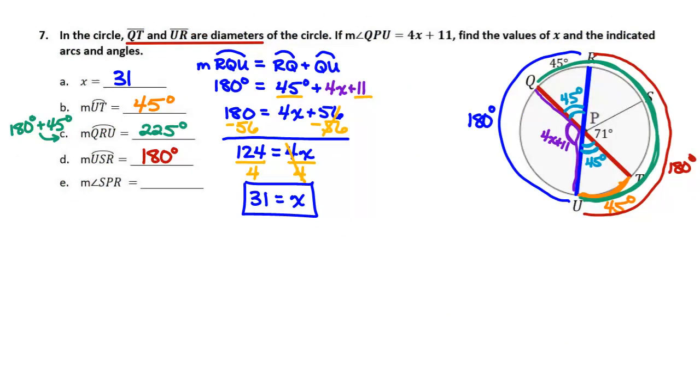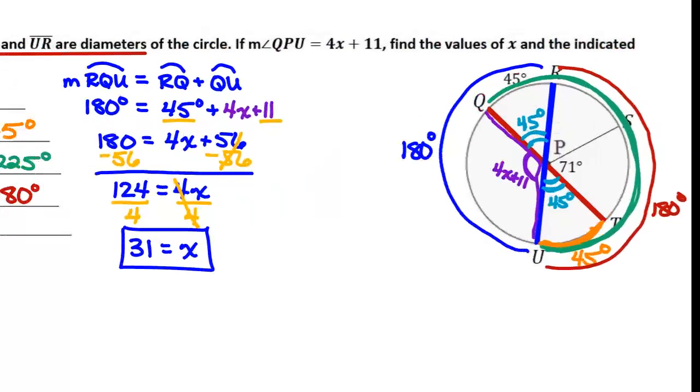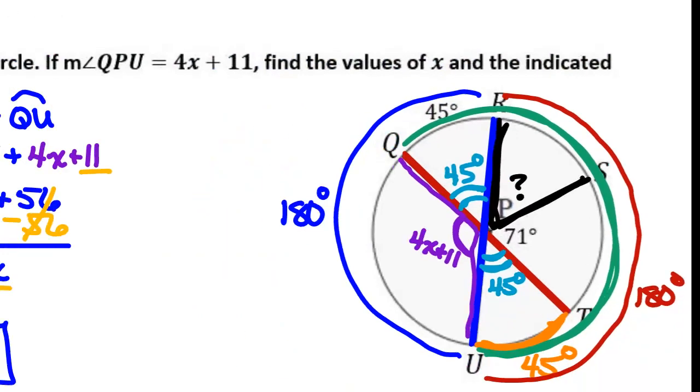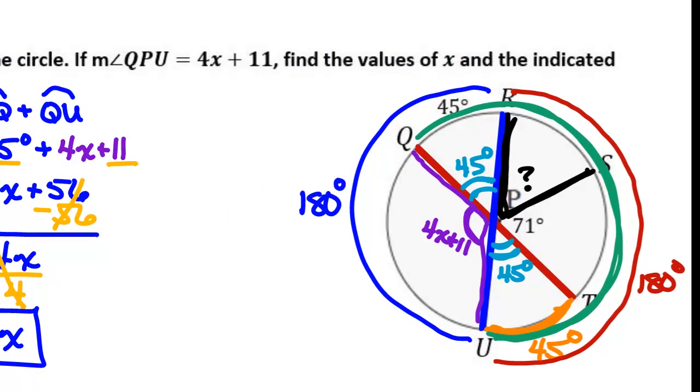And then the last thing they want me to find is the measurement of angle SPR. SPR. This angle right here. Well, you just told me that arc UR was 180. We know that arc UT is 45. Arc ST is 71. So how do I find the measurement of angle SPR?